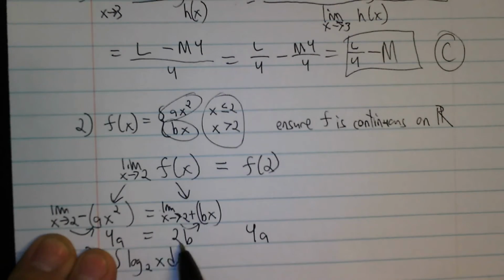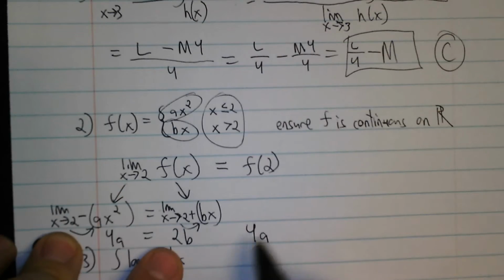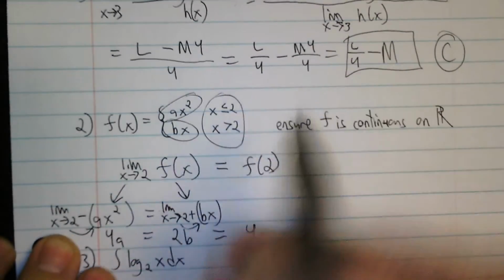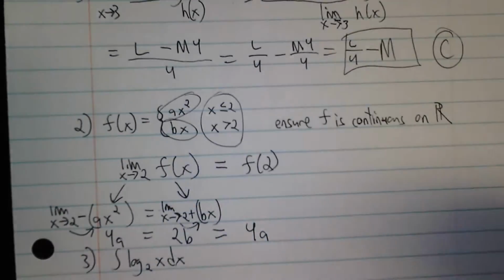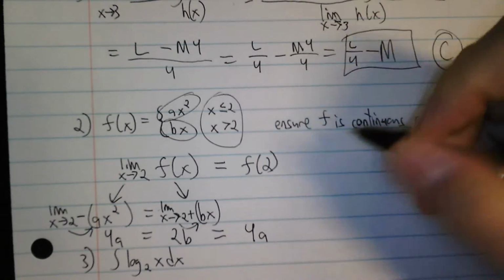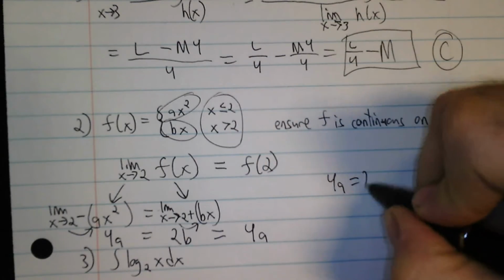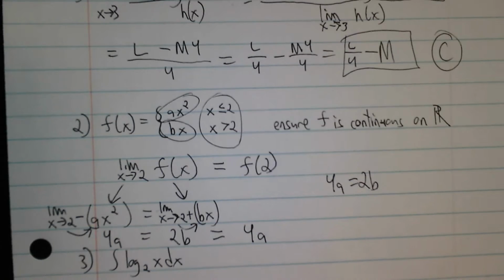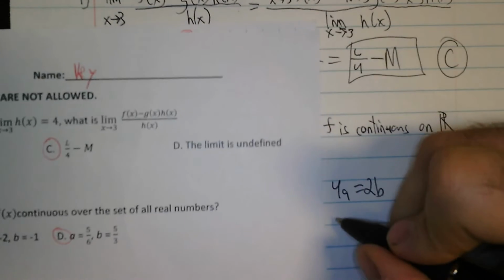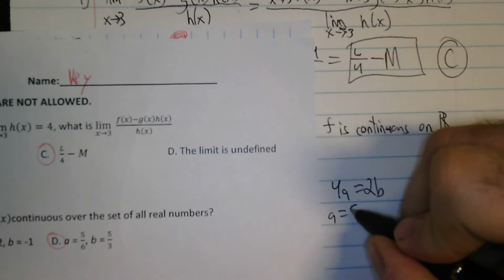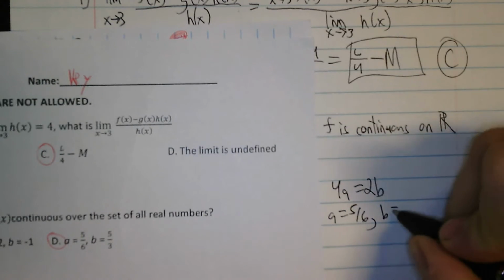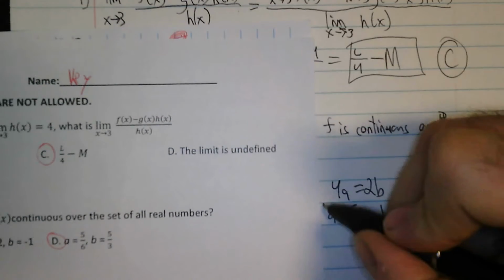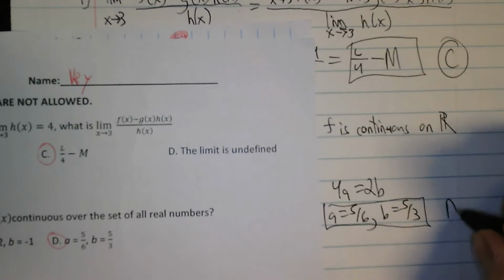So these two have to be equal for the two-sided limits to exist, and then they in turn have to equal this. So you know 4a has to equal 2b is the big idea. Okay, so which ordered pair will make 4a equal 2b? And the answer to that is only the set a equals 5/6, b equals 5/3, which is choice D.